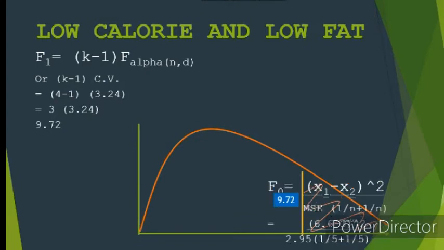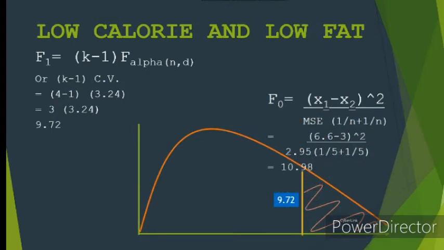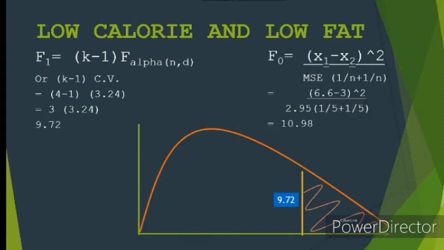For our F value using the Scheffé test formula, we have mean 1 minus mean 2 raised to 2, all over sum of squares within, times 1 over total number of group 1 plus 1 over total number of group 2.